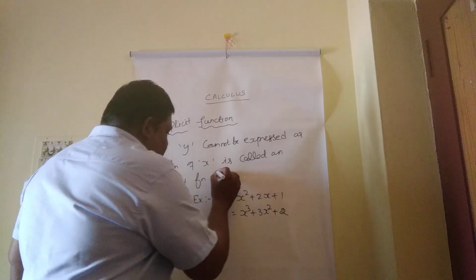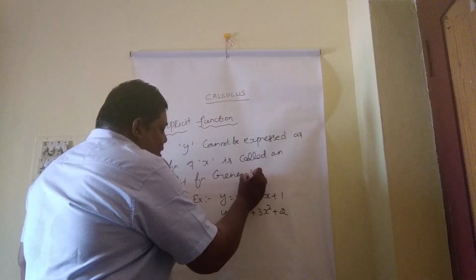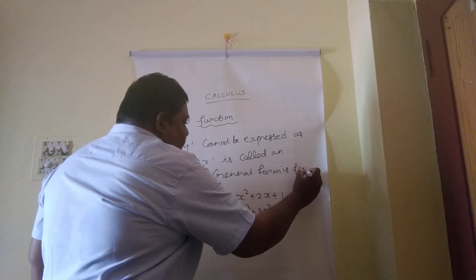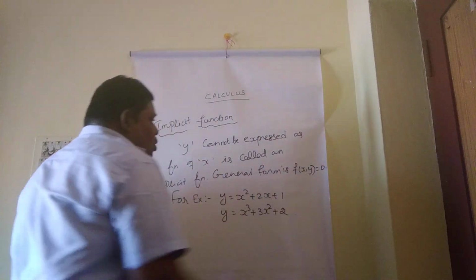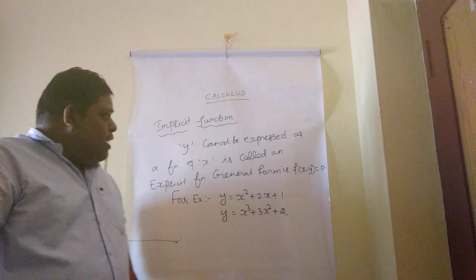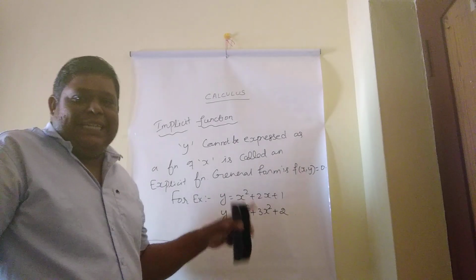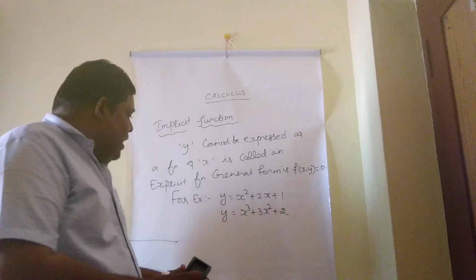General form is f of x comma y equal to 0. That means variables x and y will be mixed in the function.